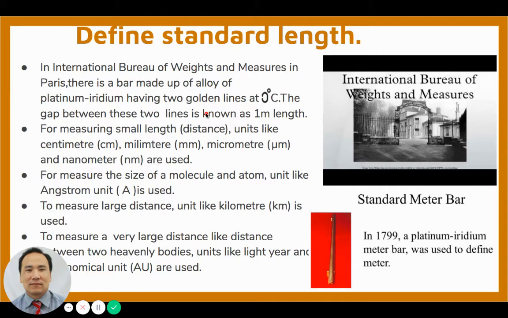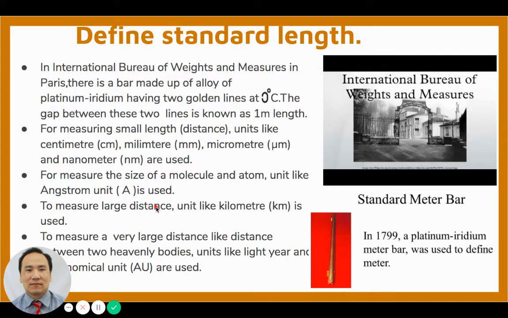And to measure length, different units are used. For example, to measure a small length or distance, units like centimeter, millimeter, micrometer, and nanometer are used. Similarly, to measure the gap between two molecules or two atoms, a unit like the angstrom unit is used.